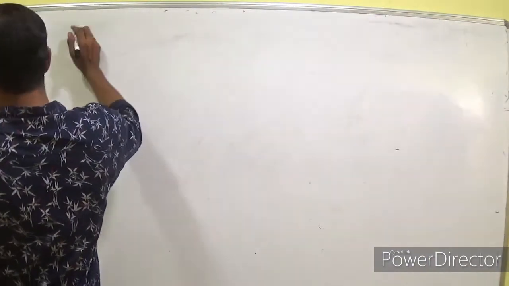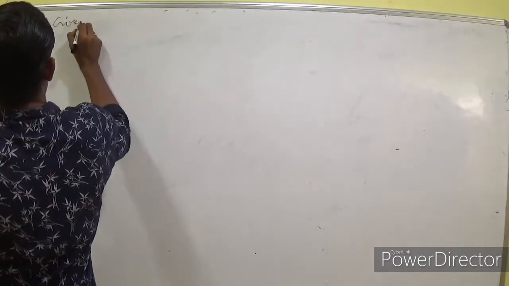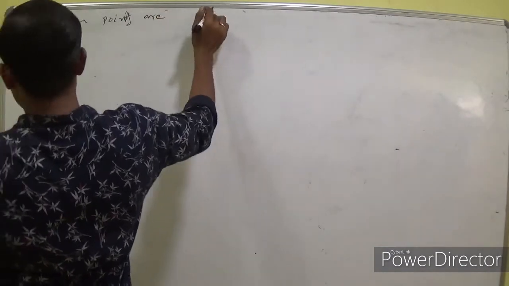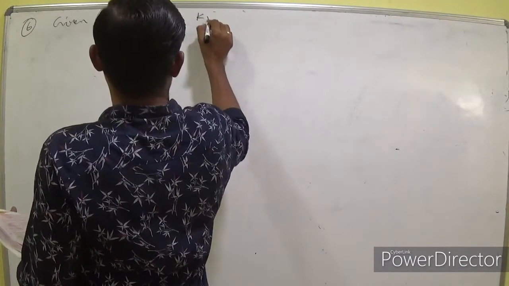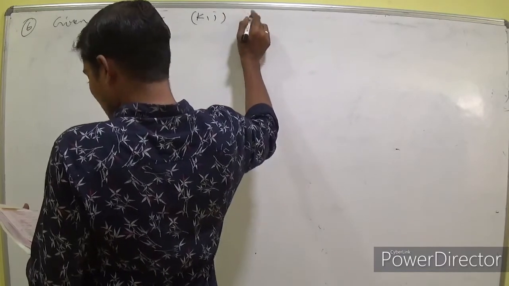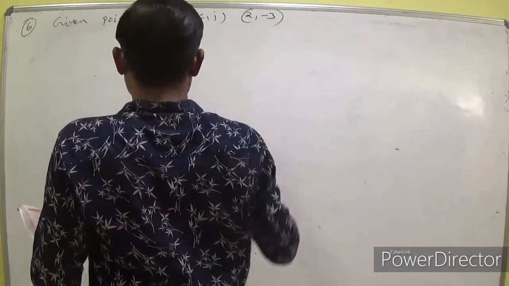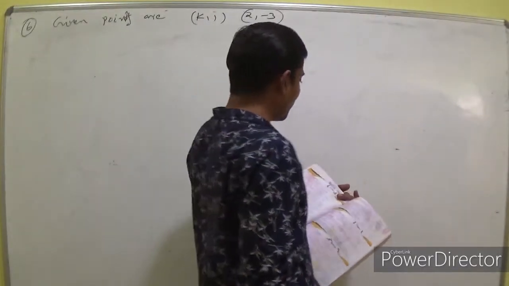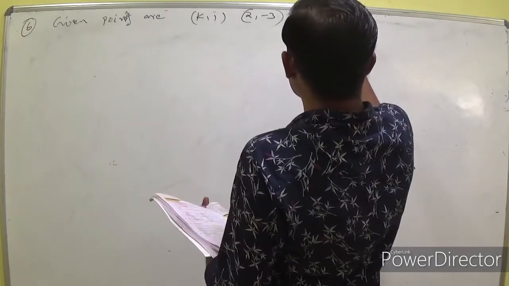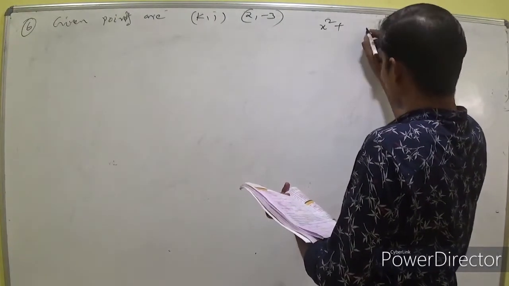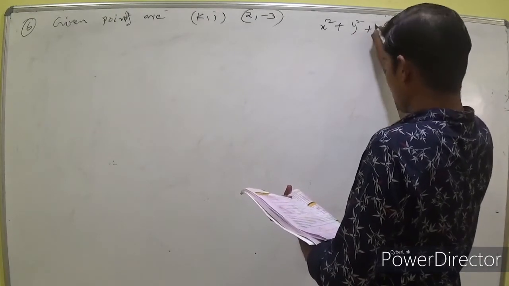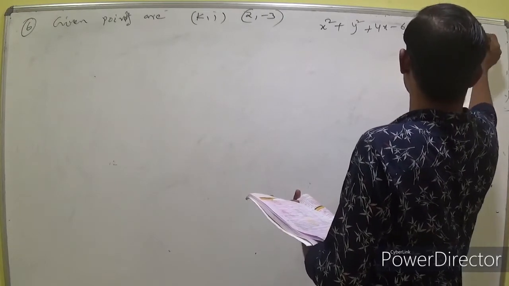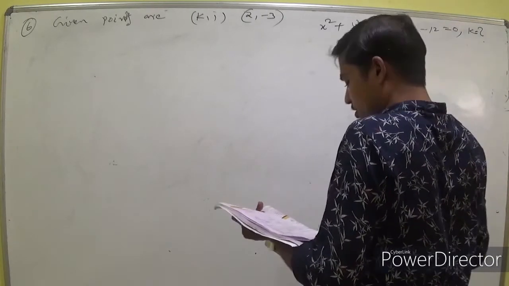The two given points are k comma 1 and 2 comma minus 3. These are conjugate with respect to the circle x square plus y square plus 4x minus 6y minus 12 equal to 0. Then find k.